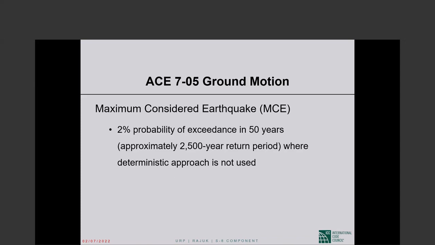Okay? 2% probability of exceedance in 50 years. So remember, the design earthquake of the UBC was 90% non-exceedance. That means 10% exceedance in 50 years. Now we are talking about 2% probability of exceedance in 50 years, which is roughly a 2,500-year return period earthquake.